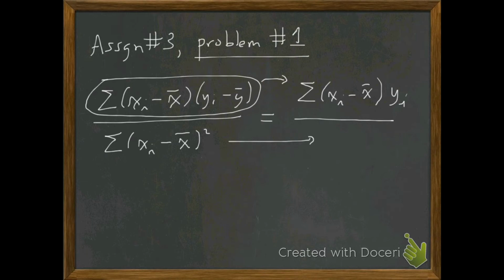Now, let's try to simplify this. The notation I've always seen for this is to use k sub i. So if we let k sub i be x sub i minus x bar over our denominator.